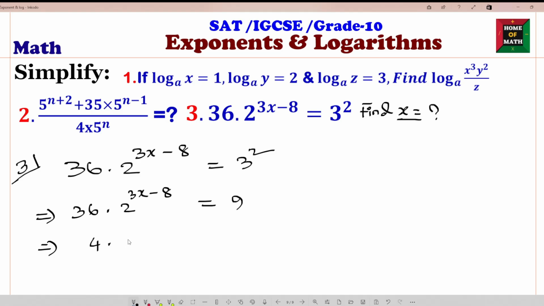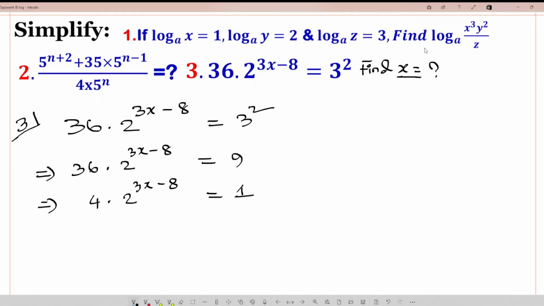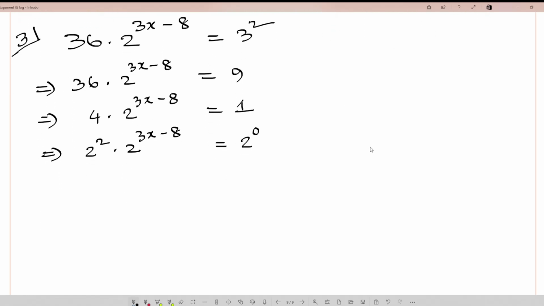4 times 2 to the power 3x minus 8 equals what? 1, right? Now look, 4 means 2 squared, times 2 to the power 3x minus 8, and the right side we can write as 2 to the power 0. Why? Because we know a to the power 0 means 1.